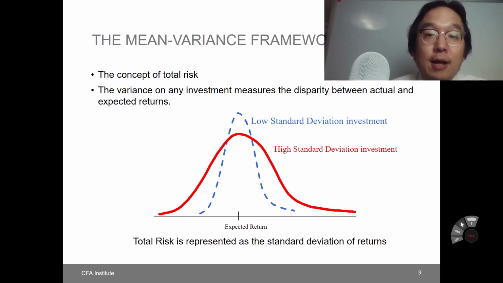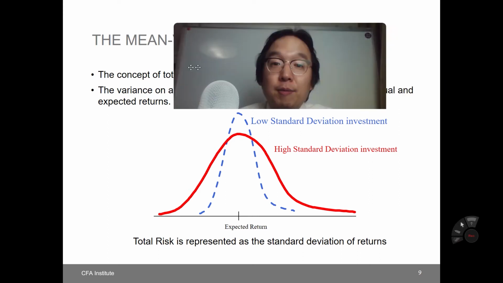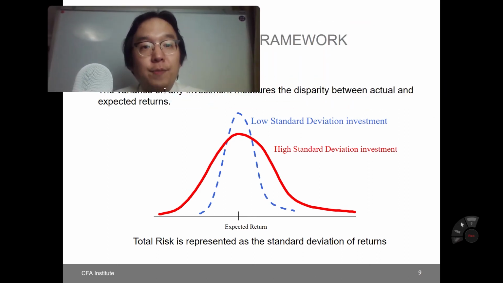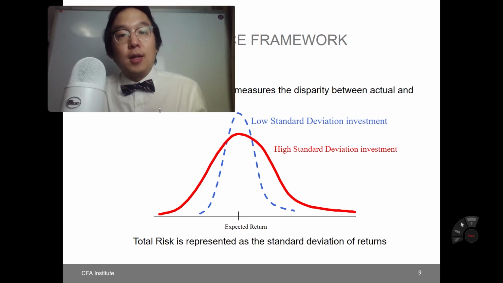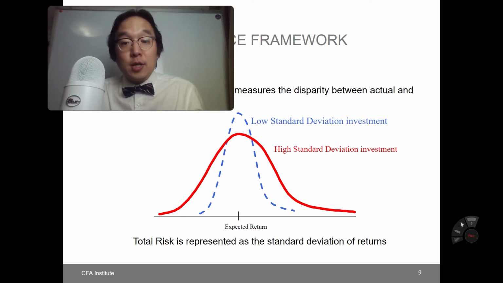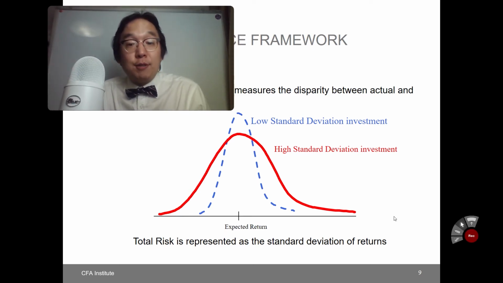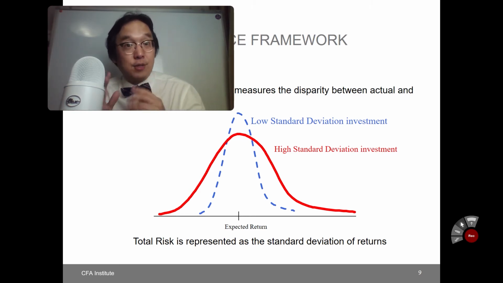So in a very simplified diagram that I show below, what do you see? On the horizontal axis, you see expected return. Let's say there is a histogram of returns. I'm going to show you actual histograms of daily returns later.